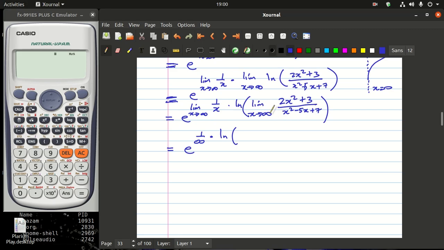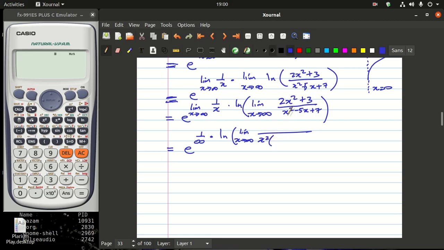Take note that once I have a limit of a rational function, I want to find out what is the leading term in the denominator so that I can also factor it in the numerator. So I'm still going to have the limit as x approaches infinity of, and then in the denominator x squared is leading, so I'm going to factor out x squared.